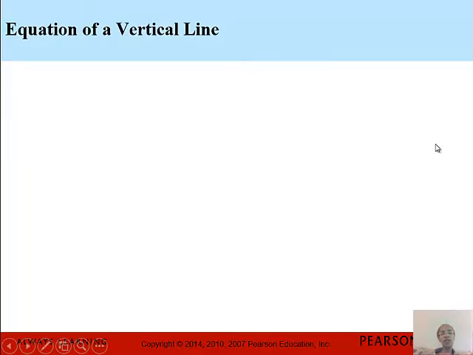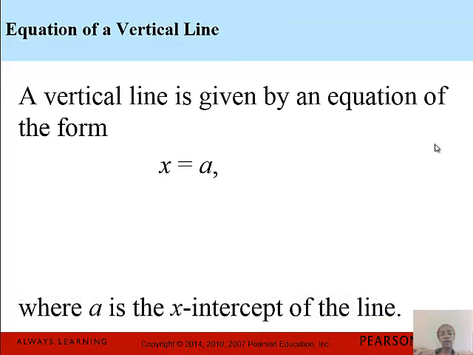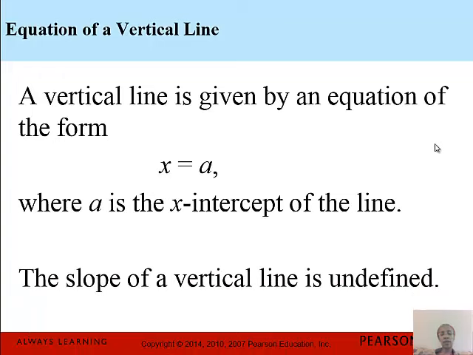The equation of a vertical line is given by the form x = a. a is the x-intercept of the line. And keep in mind, as we said earlier, the slope of a vertical line is undefined.